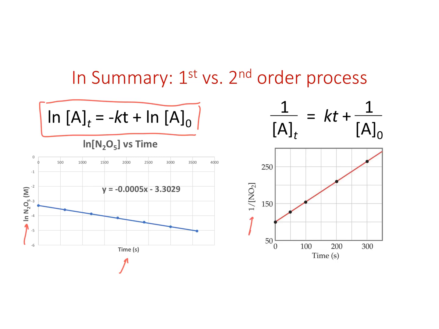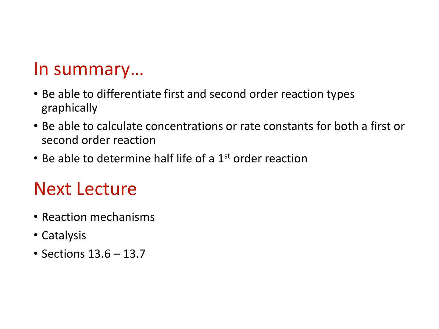For a second order reaction, you want 1 over concentration versus time, and similarly you should know the integrated rate law for a second order reaction. So differentiate a first and second order reaction type graphically, do those calculations, be able to calculate concentration or rate constant for both a first order, second order reaction, and we're only going to evaluate half-life for first order reactions. In the next lecture, we're going to look at reaction mechanisms and catalysis.